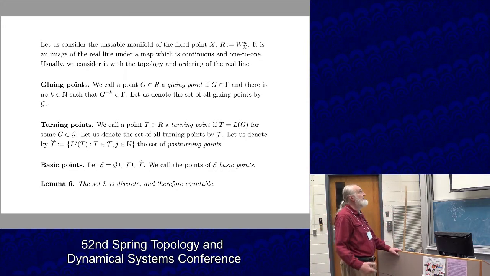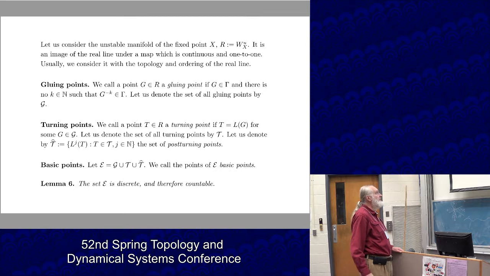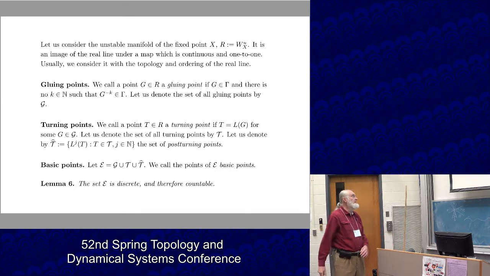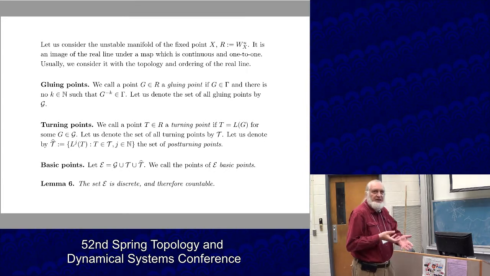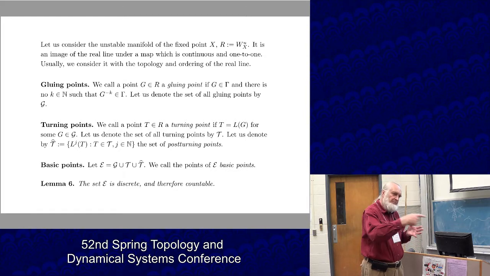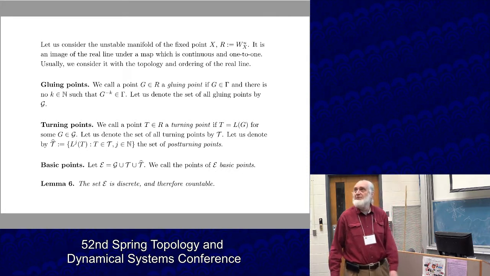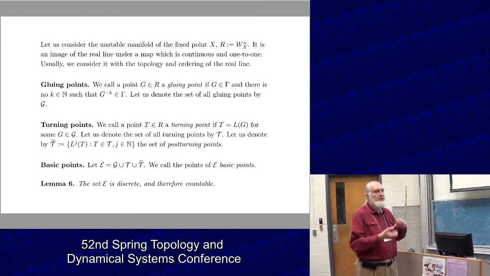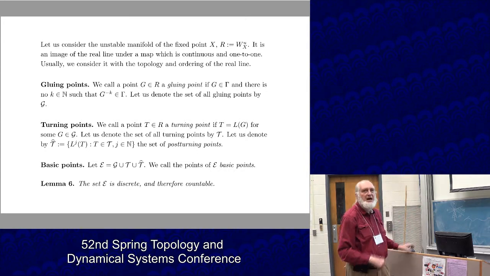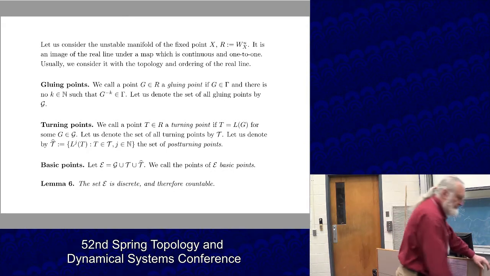So you have those two-sided sequences and infinitely many of them. Can you do something better? You look at those basic points, G, T, and T hat: gluing, turning, post-turning. And then it's not so difficult to prove that this set is discrete. If you think about your lambda, in fact not lambda but the unstable manifold, because lambda is the closure of this unstable manifold, and you straighten it up, you have the real line and those points to the left or right.